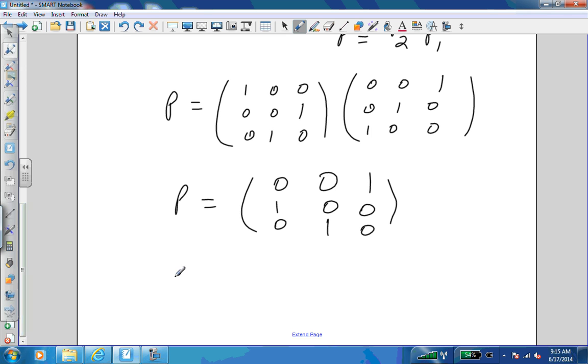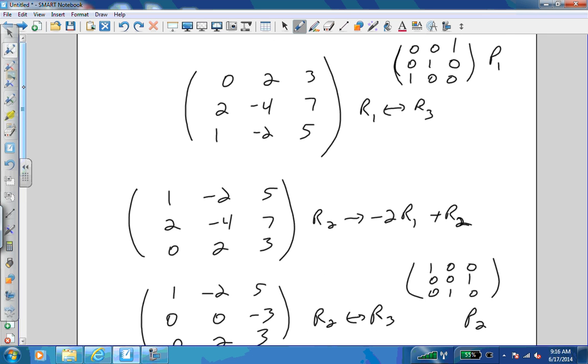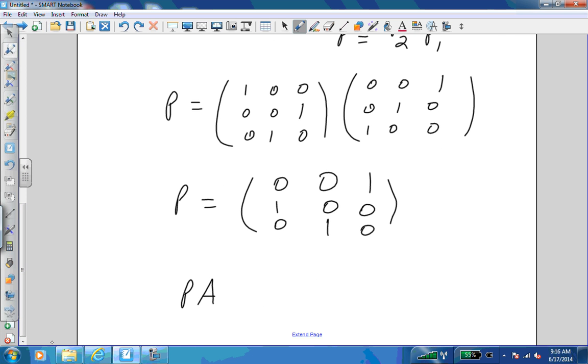So let's go back. We could do our permutation matrix times our original A to get into something that can be put into LU form.